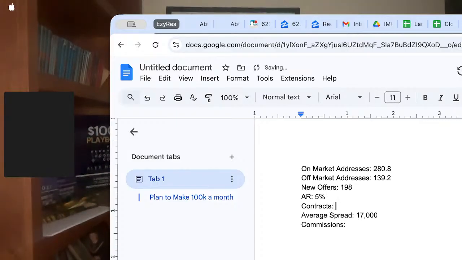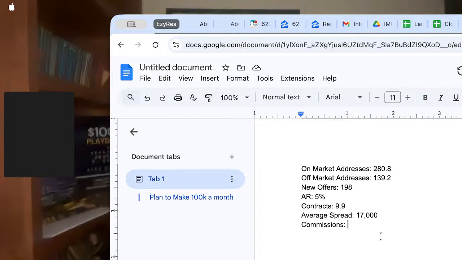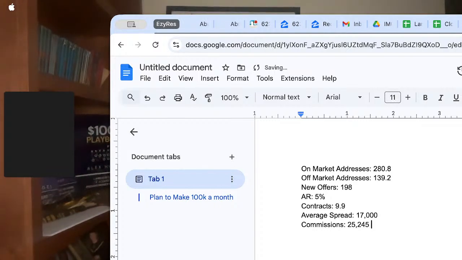Contracts. 198 times 5%, 9.9. 9.9 times 17,000. It'd be times 15%. 25 to 45.